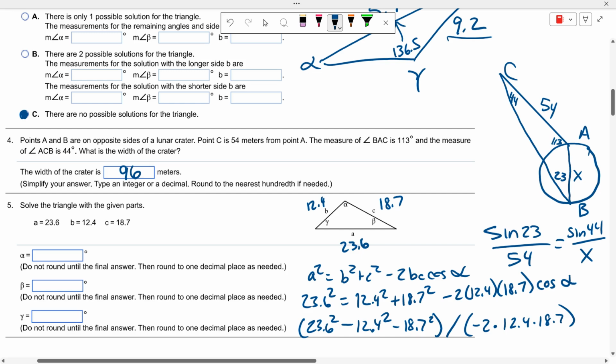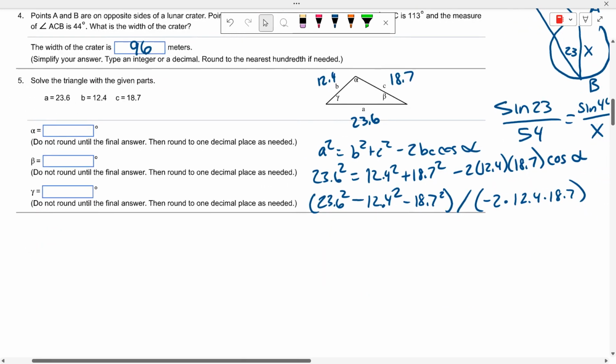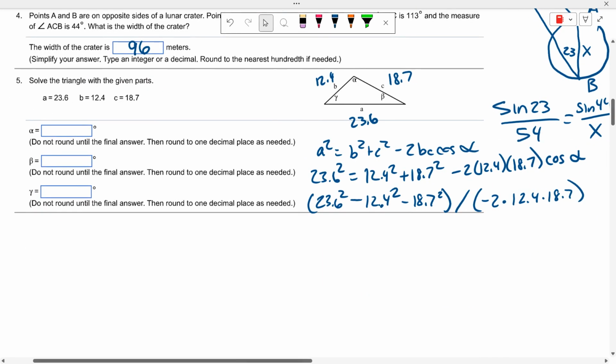And that decimal will give you what the cosine is equal to. And you take the inverse cosine of the answer and you get an angle. Now I'm thinking that angle might be obtuse. It's awful close to being obtuse. What is it? 96.6.